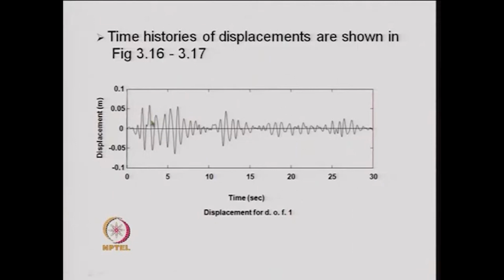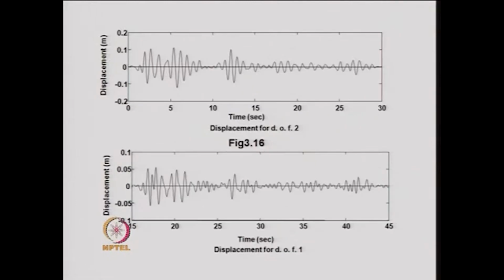So, this is the time history of the displacements for degree of freedom 1, that is shown. Then we have the time history of displacement at 2. This is 1 and 2, these 2 are shown.